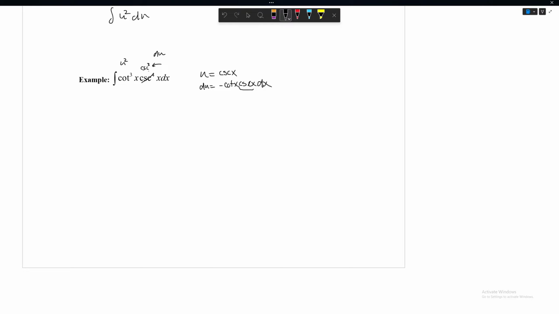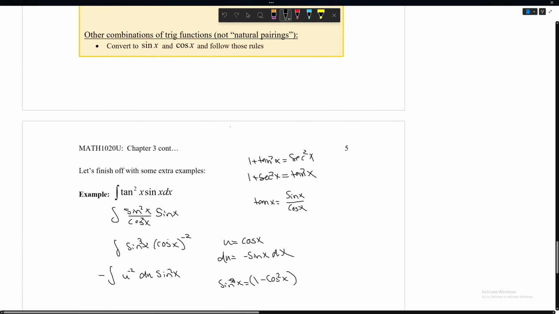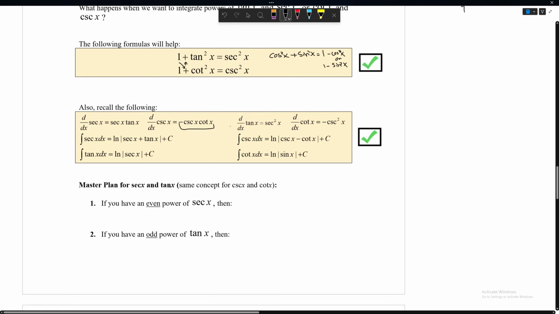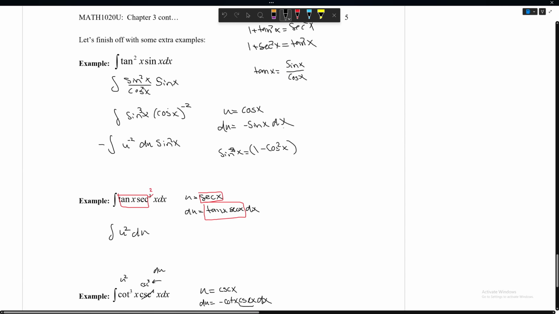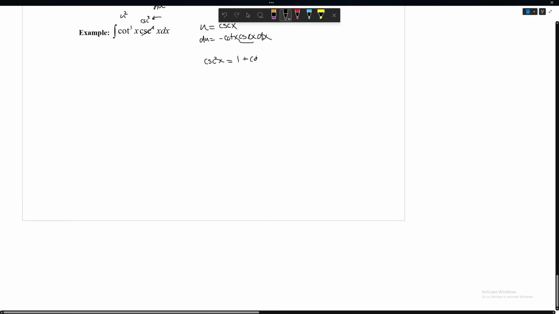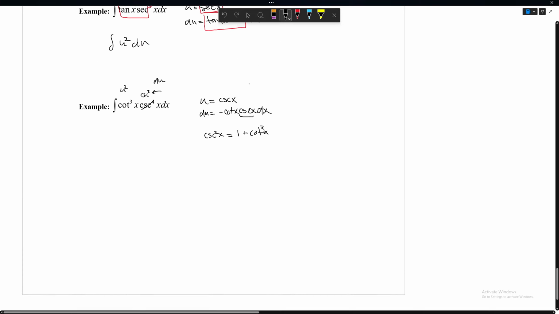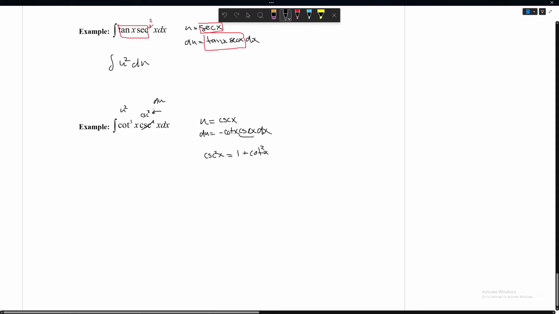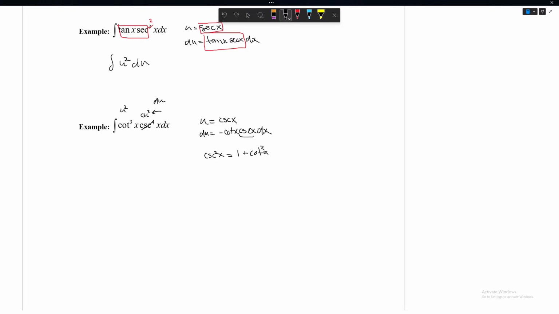I can technically replace this with the identity. Right, your 1 plus, this one I don't remember, which is unfortunate. Oh, I actually got it right. That's funny. Okay, 1 plus cot, so there you go. I can technically replace this, but I'll still have one cosecant left, and that's my u. So, see, that might actually work.